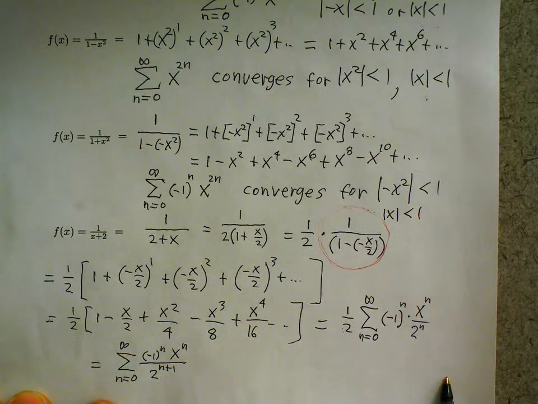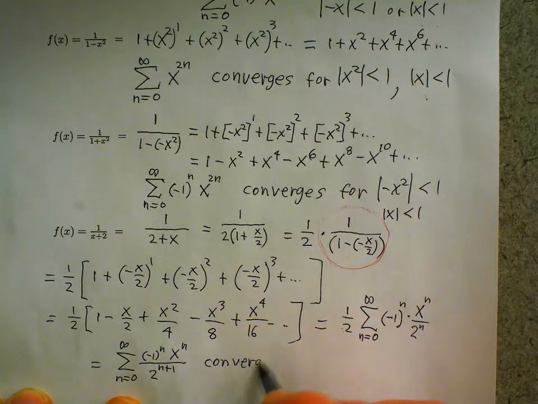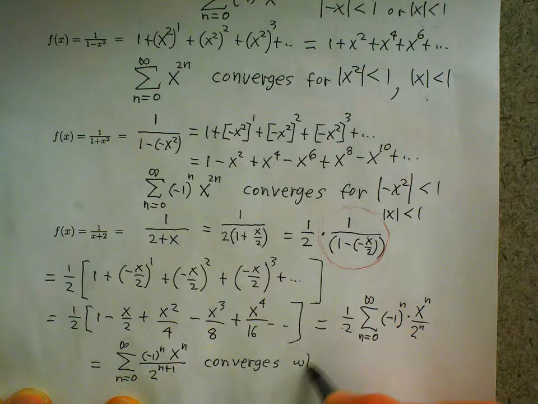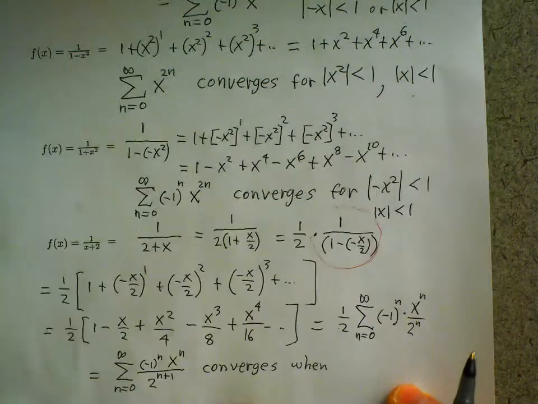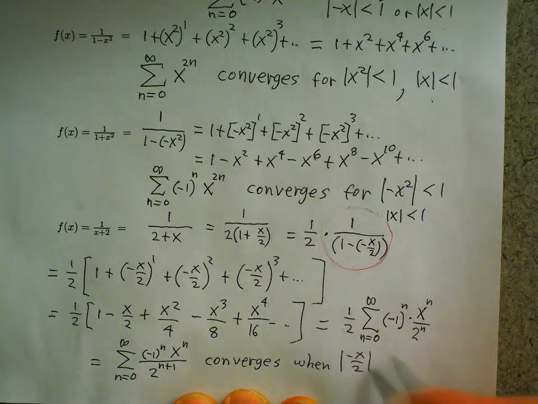Hey, what about the interval of convergence? So this converges when the absolute value of -x over 2 is less than 1.